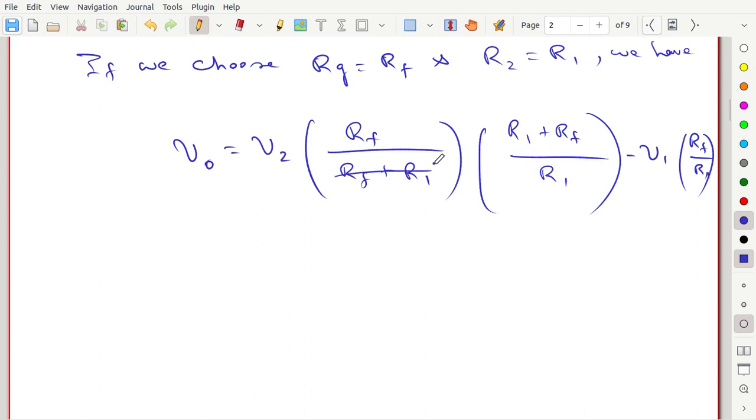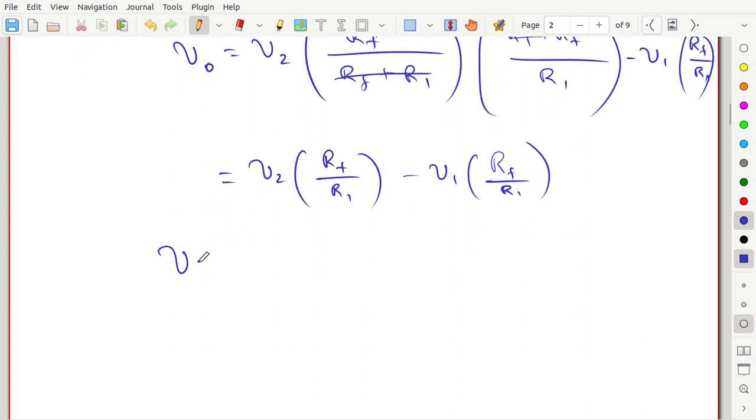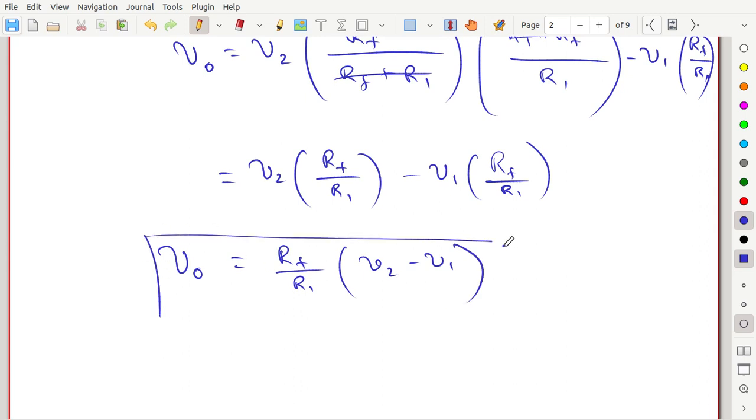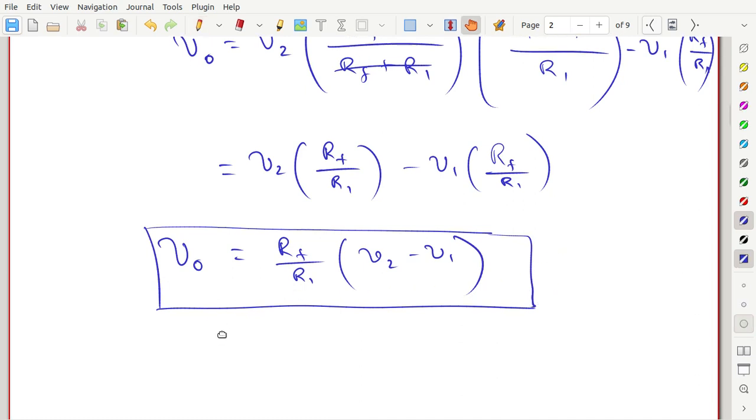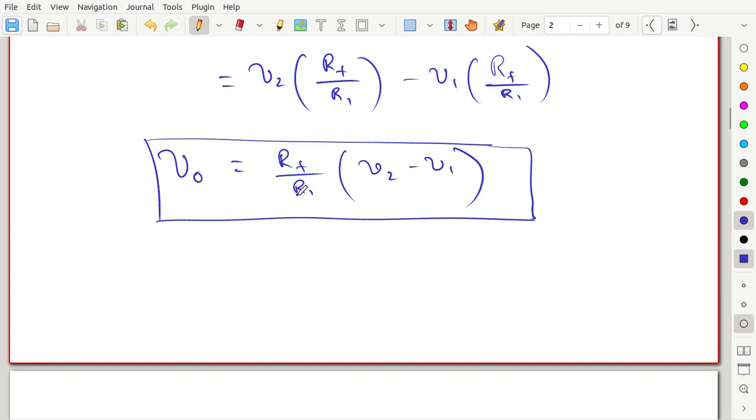We can cancel this and this, and we are left with V2 times RF by R1 minus V1 times RF by R1. So we can write the output voltage as RF divided by R1 times V2 minus V1. This is the output voltage of the differential amplifier, and this RF by R1 is the differential gain.